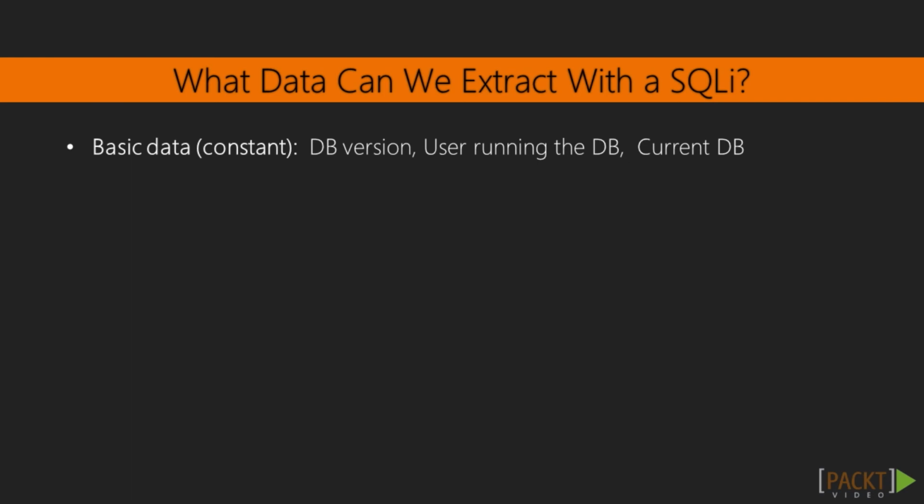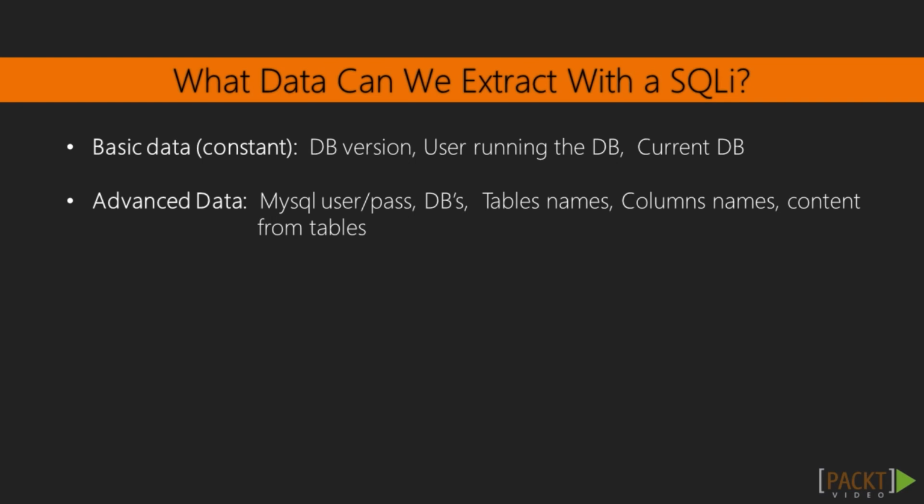Once we identify a valid SQL injection, it's time to decide what we are going to look for. Here we have a list of the most typical things. Basic data. For example, database version, user running the database, current database, database directory, etc. Advanced data. MySQL username and password. Databases. Table names. Column names.